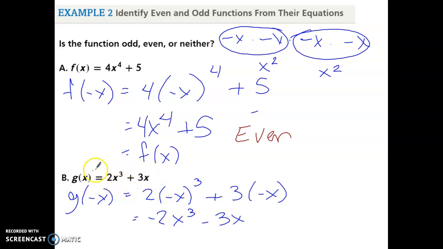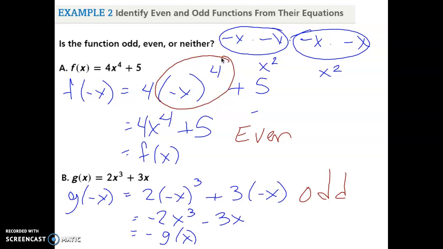All of the signs are different than what they were before. So this is the opposite of g of x. And when g of negative x is equal to the opposite of g of x, then I can say that that function is odd.